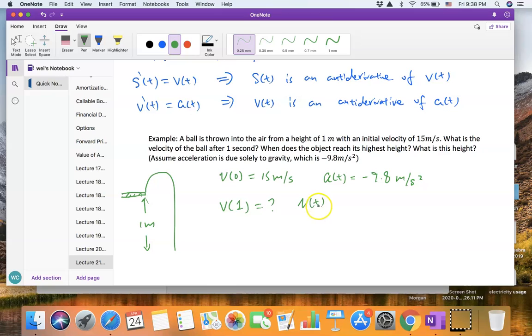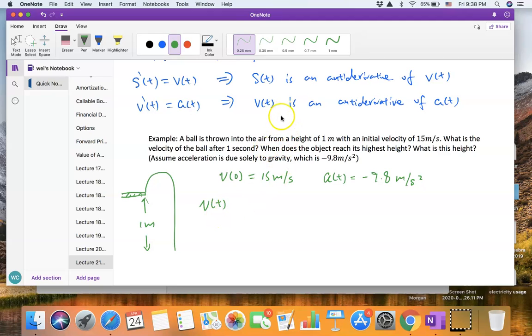If we have the velocity function, we can just plug 1 into the function, then we can have the velocity after 1 second. So the first thing we are going to do is to determine what this function is.